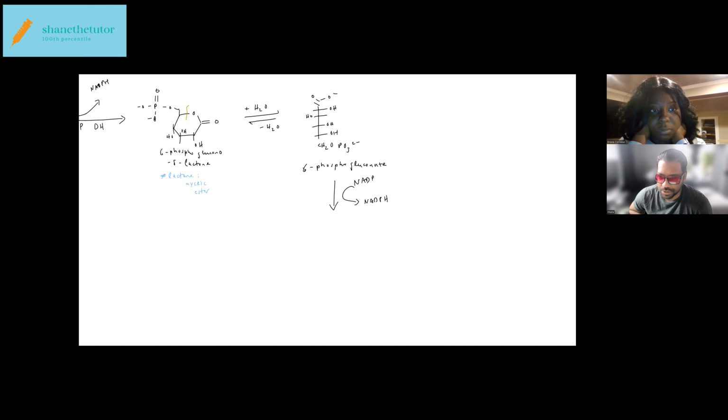Now, the hydroxyl group is easier to oxidize, so that's what we're going to oxidize into a ketone. It's going to be the third carbon that we oxidize. So it'll look like this. This one turns into the ketone, and these stay the same.